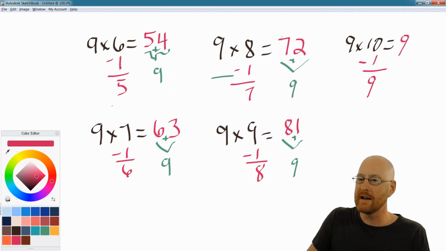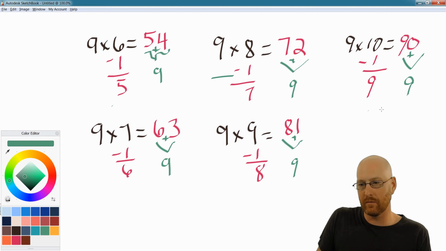Now 9 plus what equals 9? 9 plus 0, right? And we can confirm that by adding 9 plus 0, which equals 9. And again, when we add up the two numbers in our answer, we get 9, 9, 9, 9, and 9.